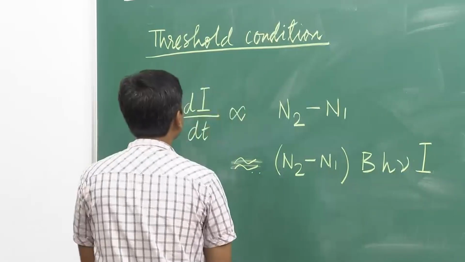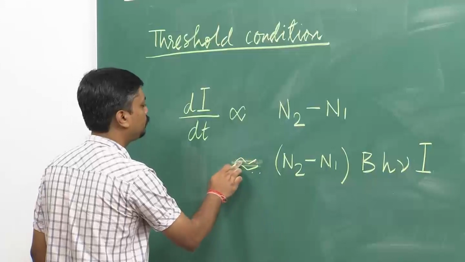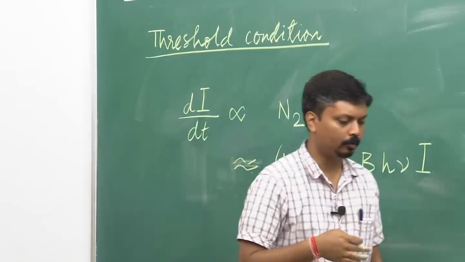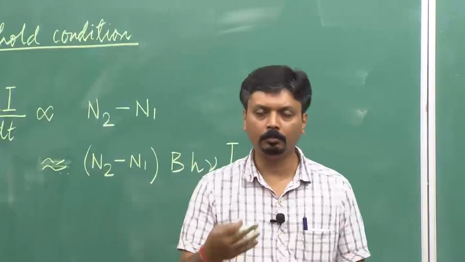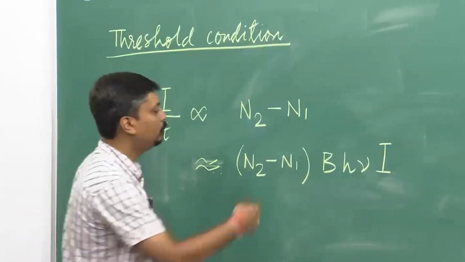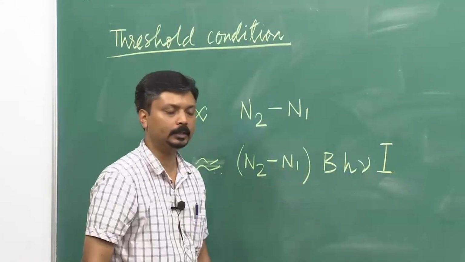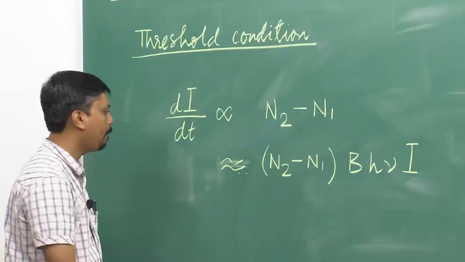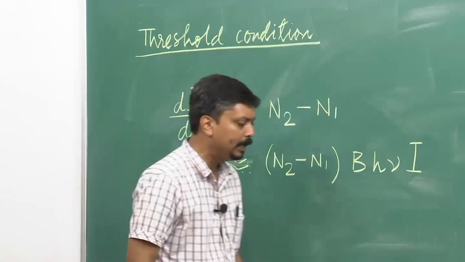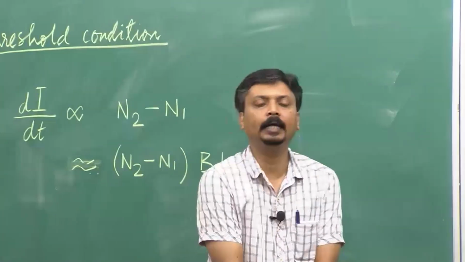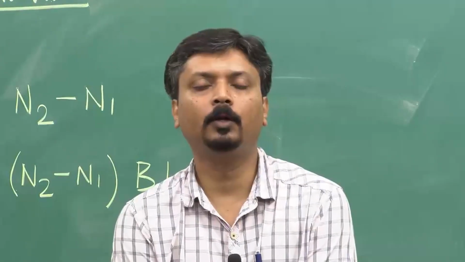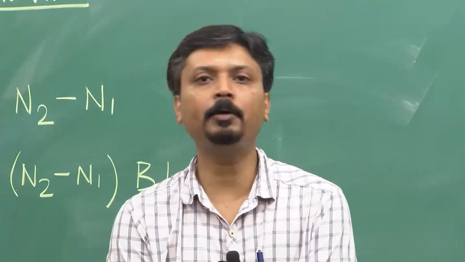There we considered the photon density or the energy density, so either phi or rho. Instead of that we are using this, but both of them are identical. Now, in a practical sense, we consider levels that may be degenerate, may be non-degenerate.